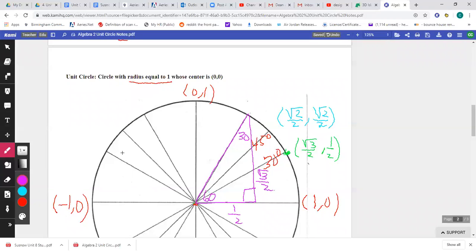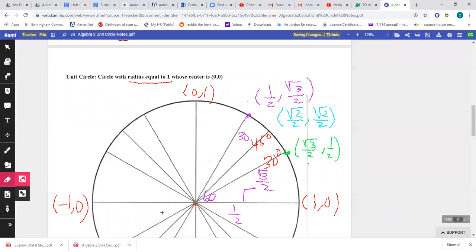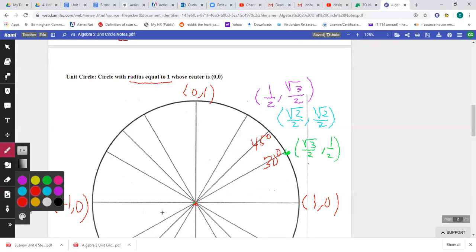So this point here is (1/2, root 3 over 2), because the x is 1/2 and the y is root 3 over 2. So before we move on, this was a 60-degree angle. So I'm going to say this is 60 degrees.